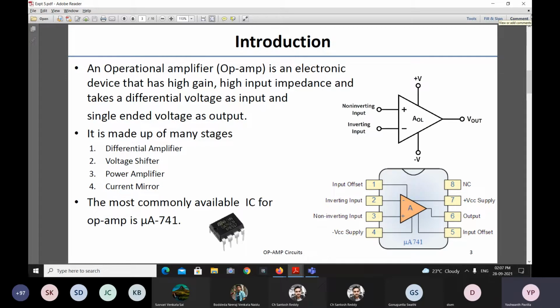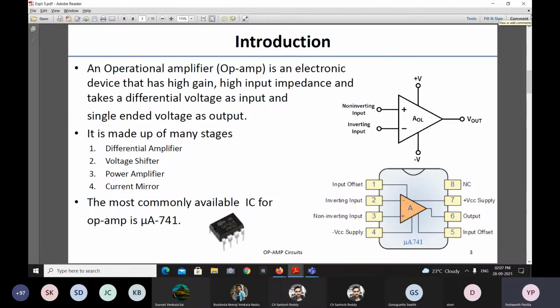Now, like I said, an operational amplifier is made up of a few transistors connected in a certain fashion. You can say that it has three, four stages. An operational amplifier has four stages. The first stage mainly deals with the differential stage, wherein we use two transistors. Each one will take an input, and the difference of the generated outputs is processed and taken to the next stage.